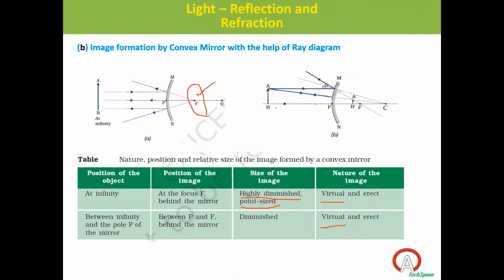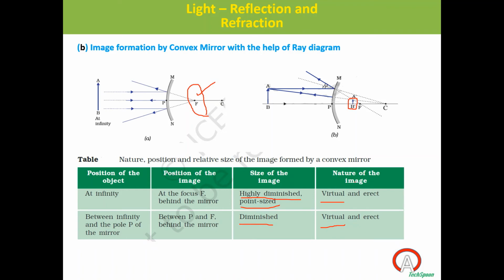If the object is at any point between infinity and the pole, you will get a diminished image. It is not a point image. You will get a diminished image like this. So the size of the image is also clear to you now.